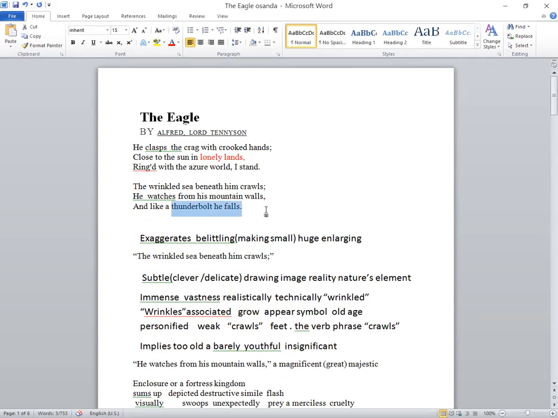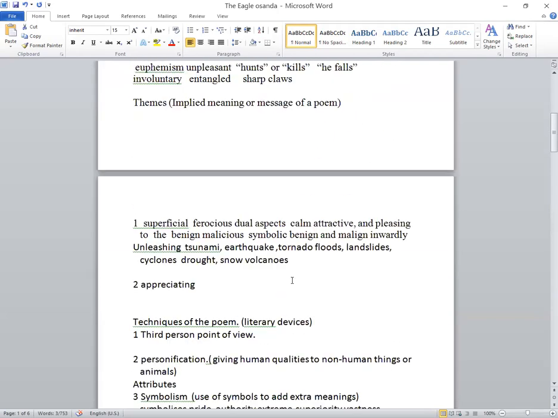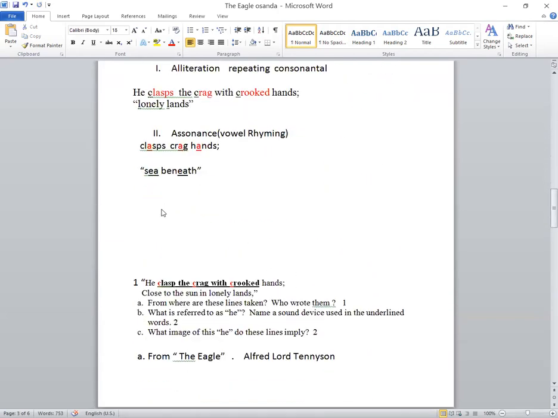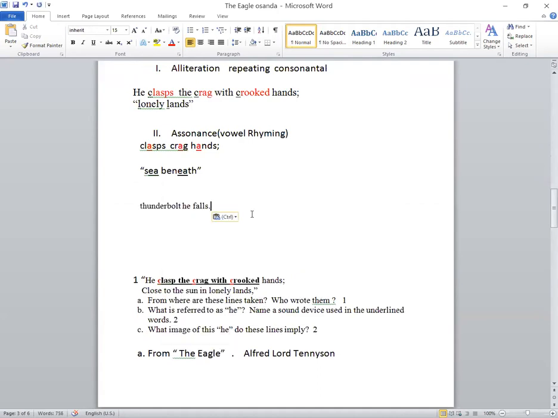Thunderbolt, he falls. Where do you find the assonance? Thunderbolt, he falls.